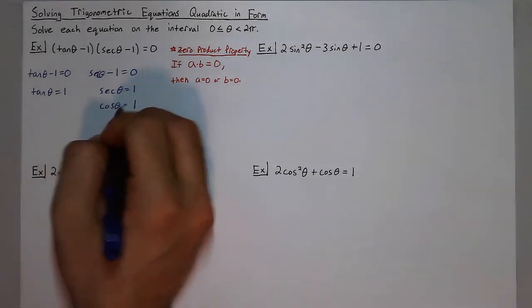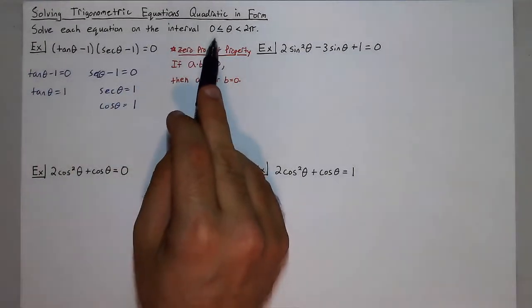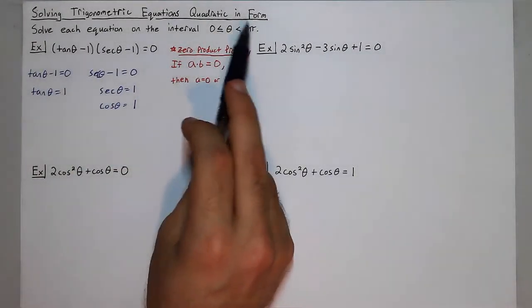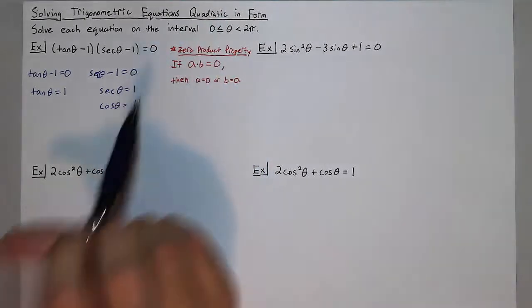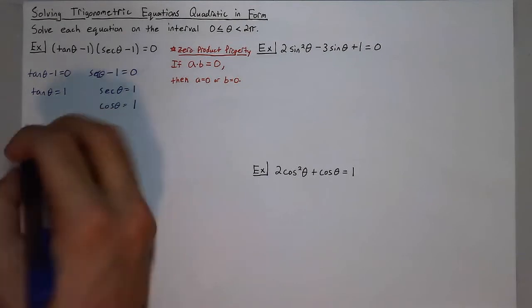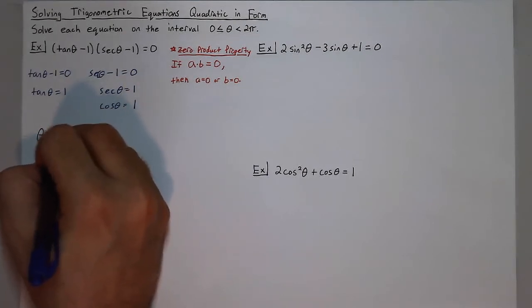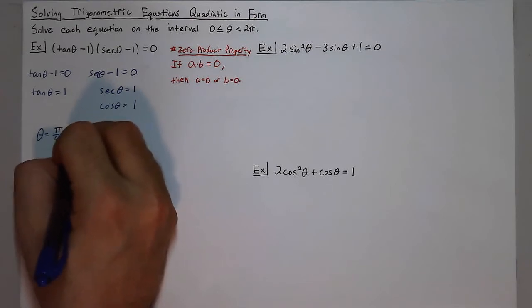Now, for these problems, we're solving each of these equations on the interval 0 to 2 pi, so I just need the angles that are on the unit circle for these particular trig functions. So where is tangent of theta equal to 1? That would be at pi over 4 and at 5 pi over 4.